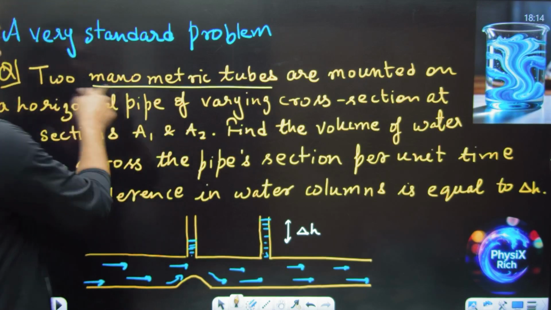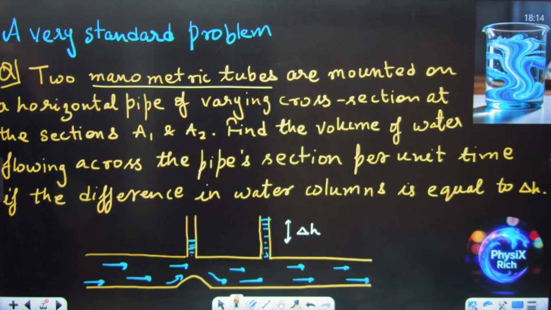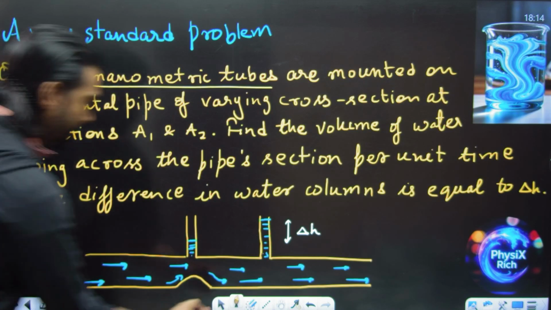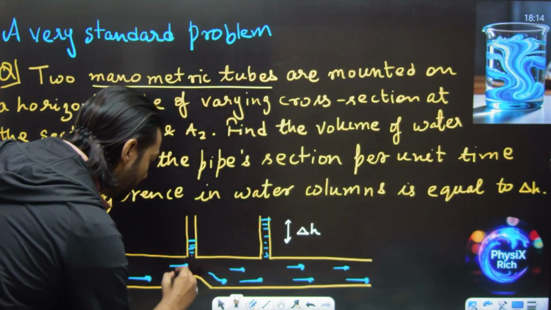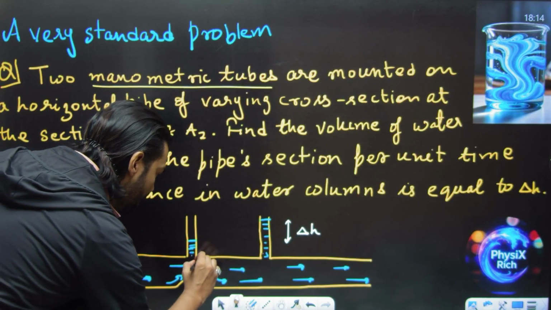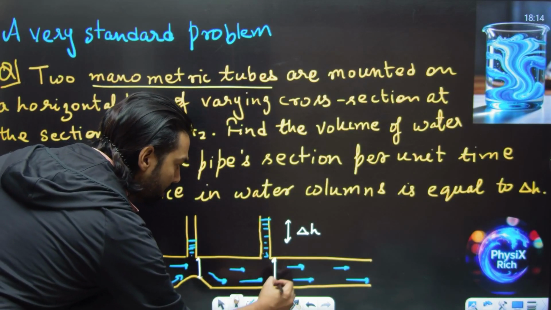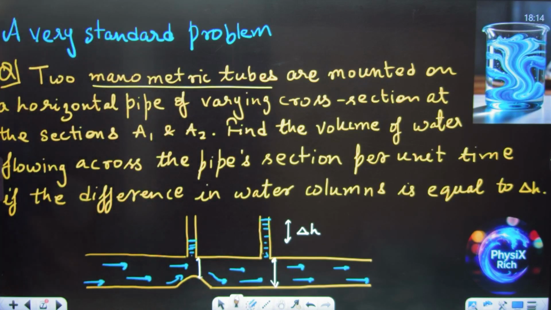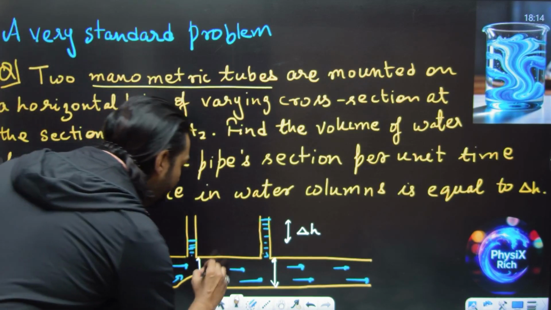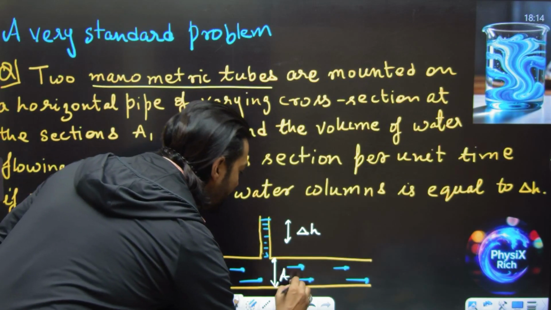So, two manometric tubes are mounted on a horizontal pipe of varying cross section. And you see that these are the cross sections that the question talks about. This cross section, and this one. These areas are A1 and A2.